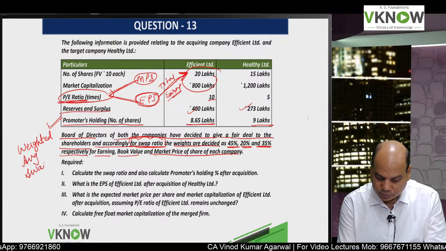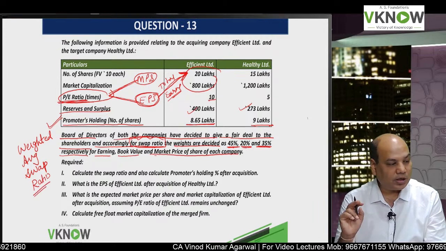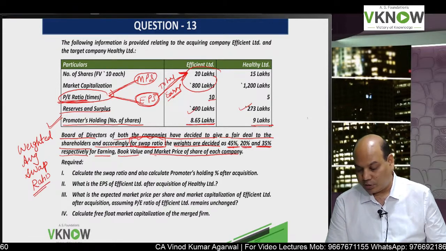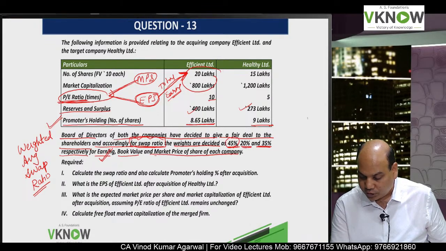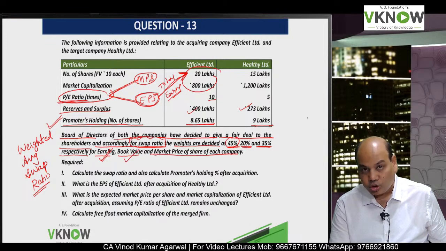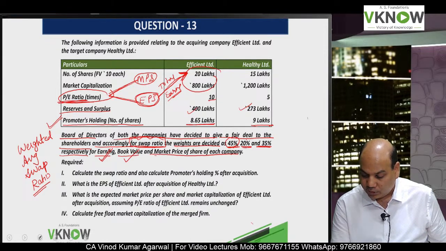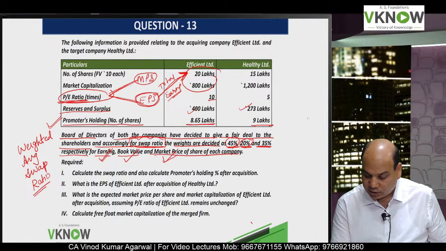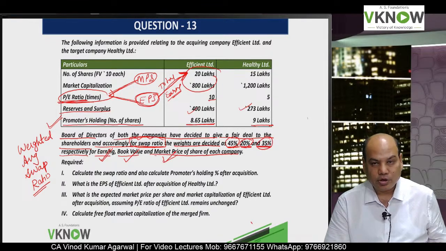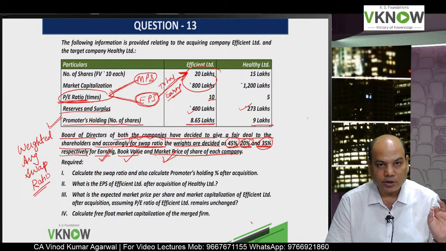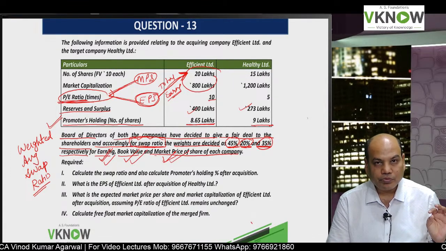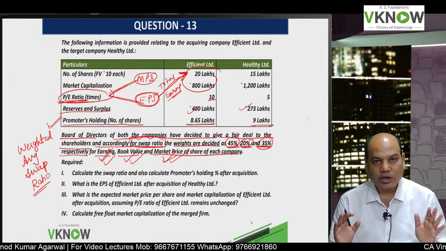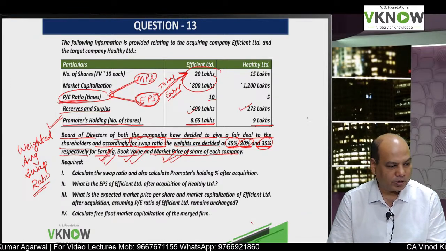Instead of one factor, they have considered three factors in deciding the swap ratio. One is earning per share, weight will be 45%, book value per share, weight will be 20%, and market price, where the weight is 35%. So we'll have to find out what will be swap ratio according to these three variables and then apply the weights, calculate weighted average swap ratio.